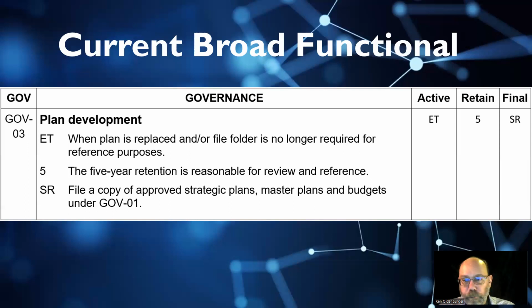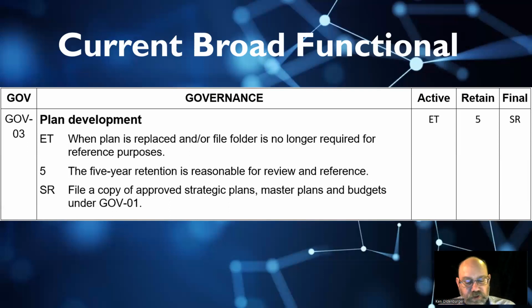And the 5-year, I have a definition, I have an explanation. So it says the 5-year retention is reasonable for review and reference. That's obviously a business need. That is not a legislated need. If we wanted to have a legislated need built into that, we certainly could, but then that would take precedence over the business need.